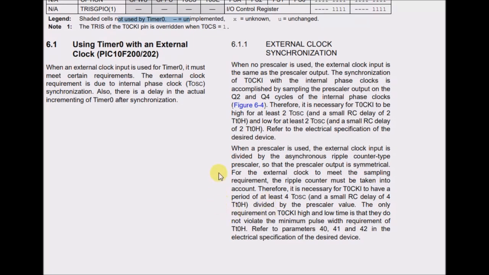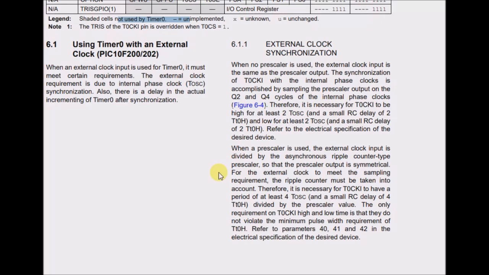When a prescaler is used, the external clock input is divided by the asynchronous ripple counter type prescaler, so that the prescaler output is symmetrical. For the external clock to meet the sampling requirement, the ripple counter must be taken into account. Therefore, it is necessary for T0CKI to have a period of at least 4 TOSC and a small RC delay of 4 TT0H, divided by the prescaler value.